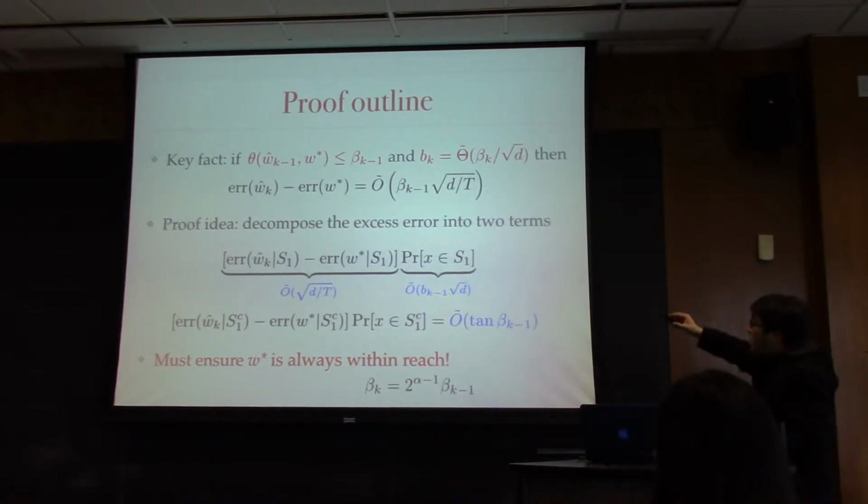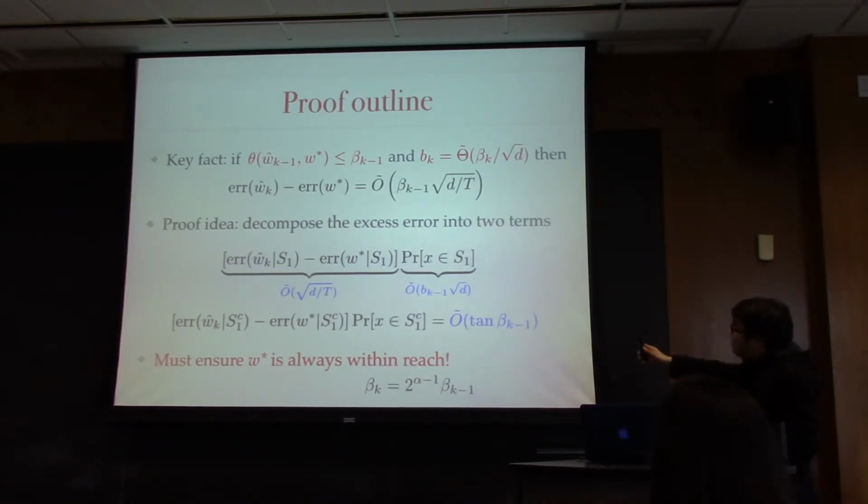The key idea to prove this per-iteration bound is to decompose the excess error into two terms. One term is the within-margin error term, where capital S1 is the area of the margin.